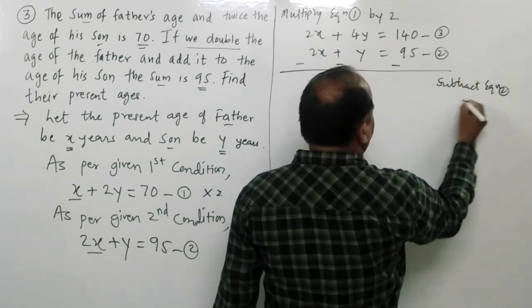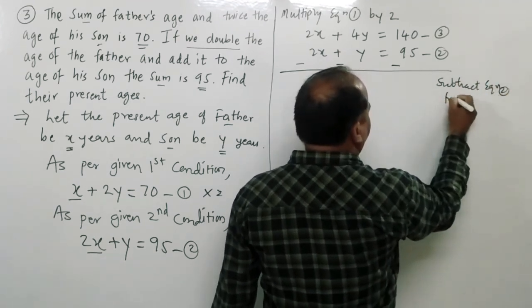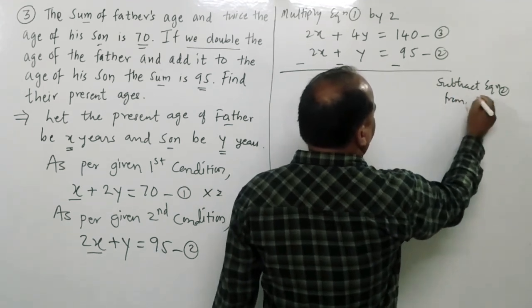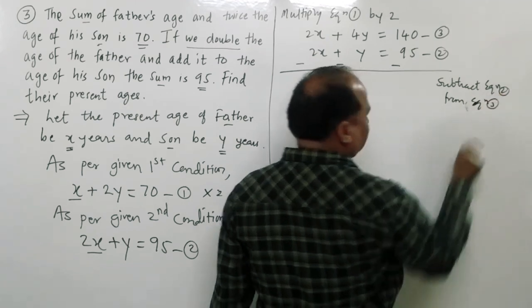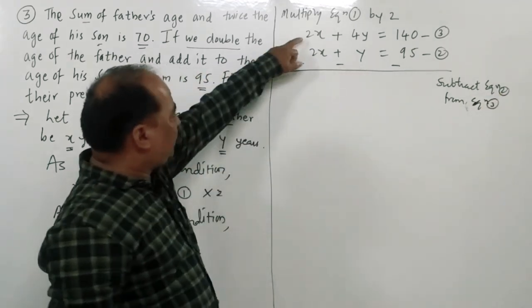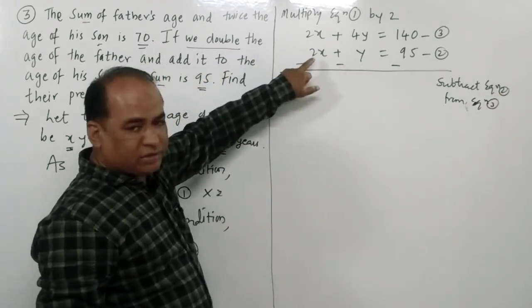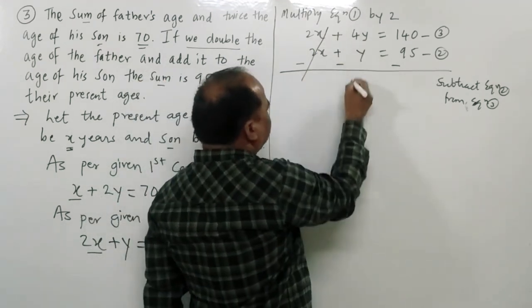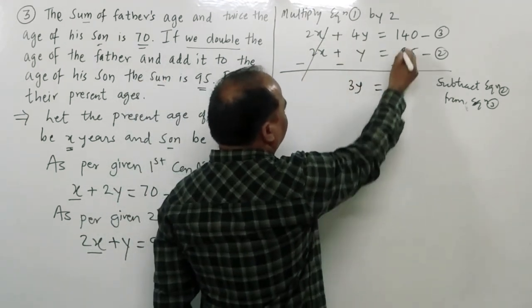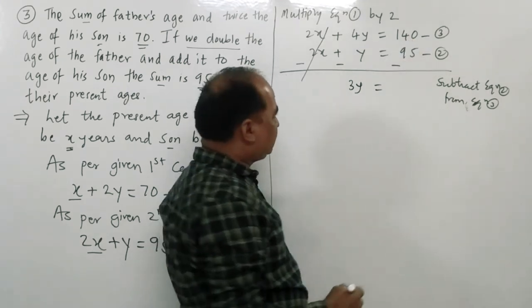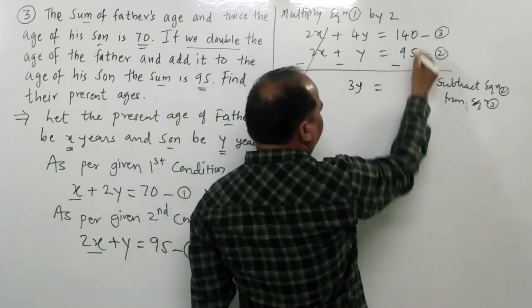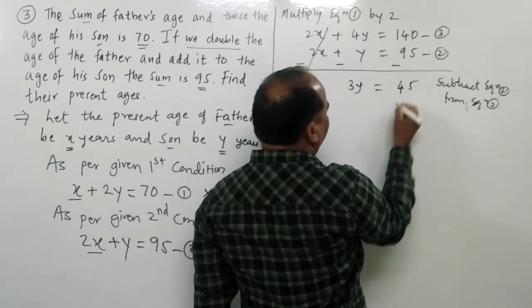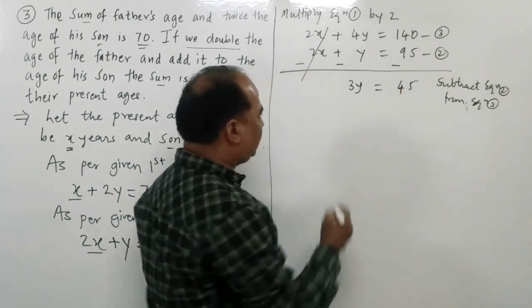After subtracting, 2x minus 2x will get cancelled, 0. 4y minus y is equal to 3y. 140 minus 95 is equal to 45.